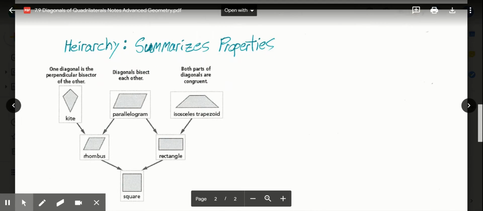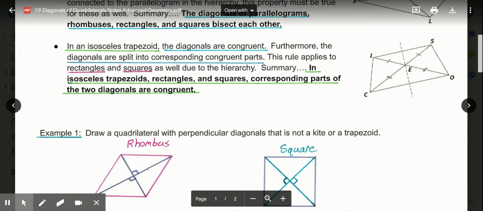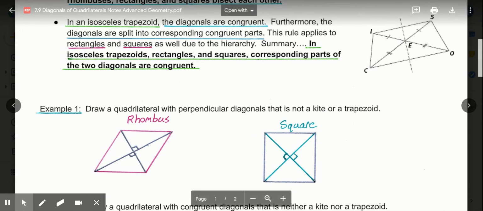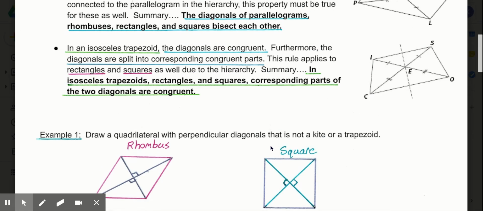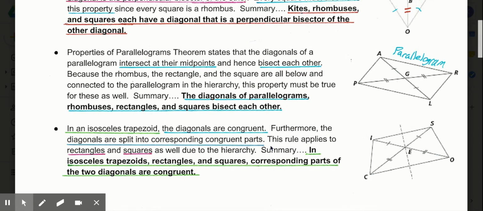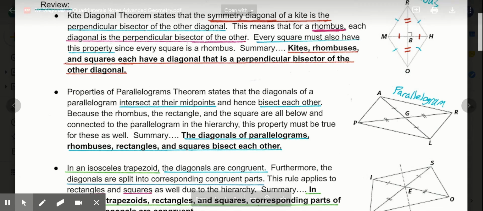So one diagonal is at least the perpendicular bisector of the other. Can't use a kite. In this case, though, they didn't say anything about a rhombus or a square. Rhombuses and squares also have that property because they're below a kite. So we could use a rhombus or a square in this case. And again, that comes from the idea up here of perpendicular diagonals.